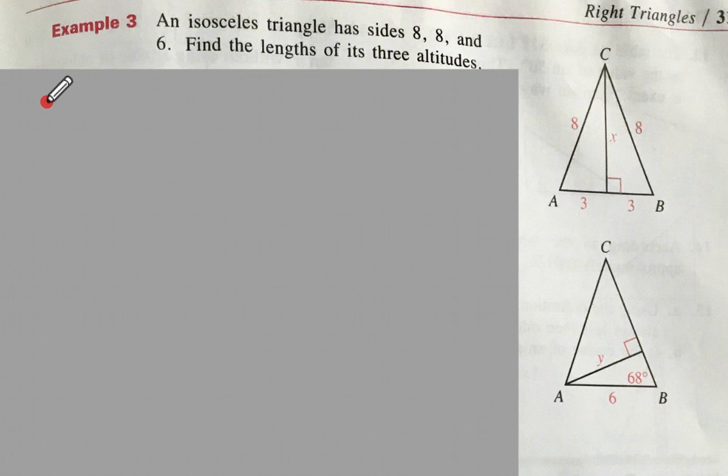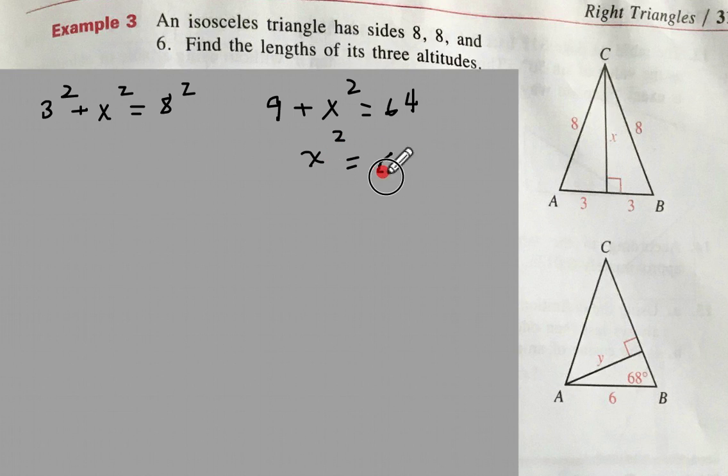So Pythagorean theorem says 3 squared, these are the legs, plus x squared equals the hypotenuse squared. So we're going to get 9 plus x squared equals 64. And we're going to get x squared equals 64 minus 9. So we're going to get 55. So x is going to equal the square root of 55.